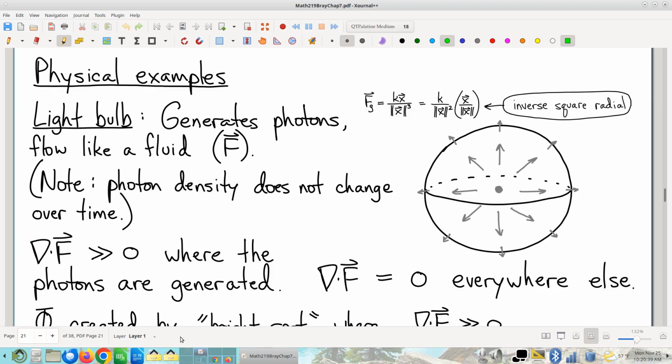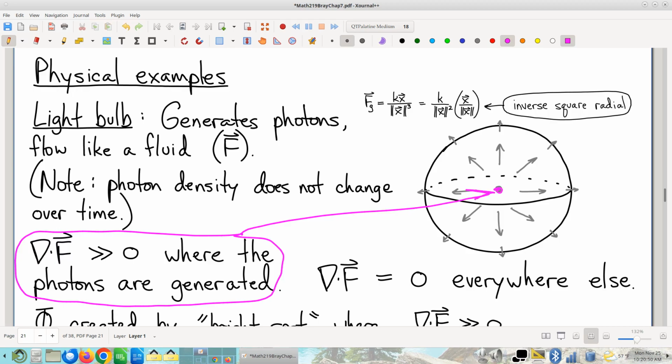Hitting the highlights from last time, the punchline was that the divergence is huge exactly at the source of the light. Keep in mind, the source of the light is where the boundary flux ultimately comes from. We measure it on the boundary, and I talked about this a lot: just because you measure it on the boundary doesn't mean it actually comes from or originates on the boundary.